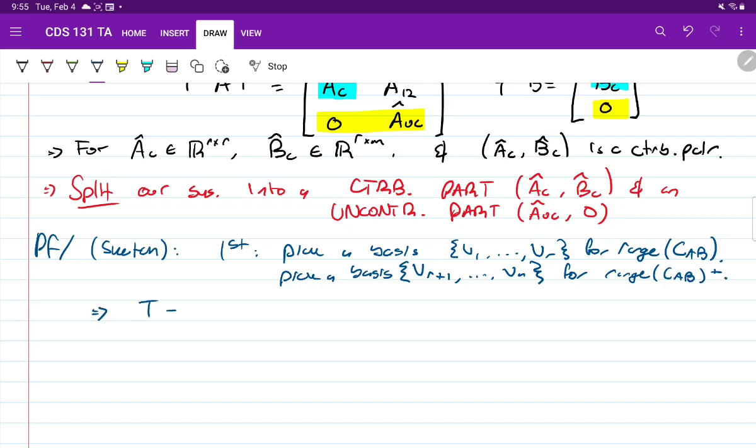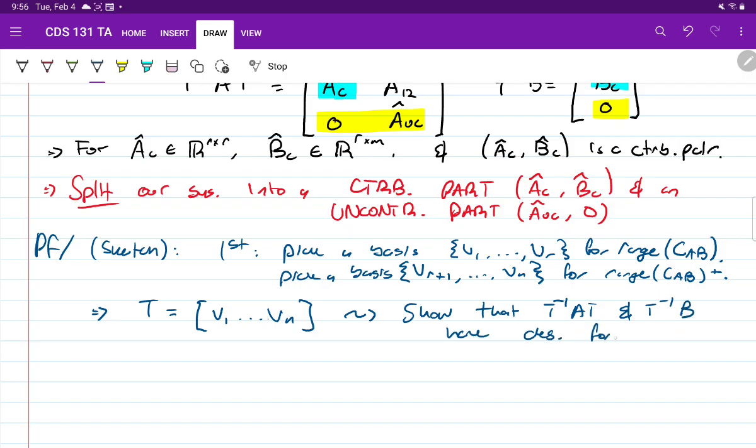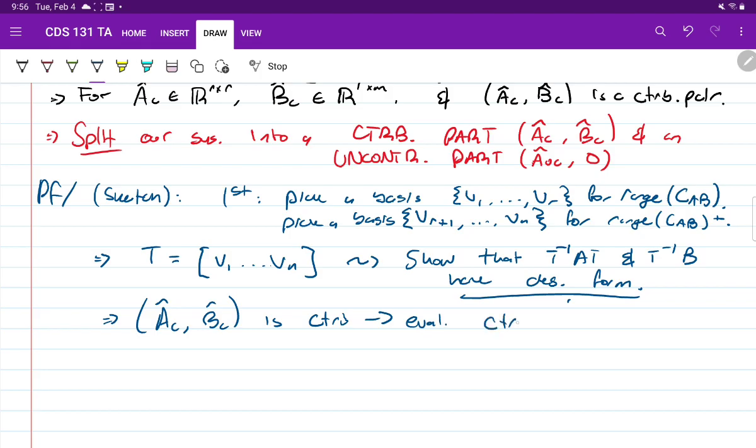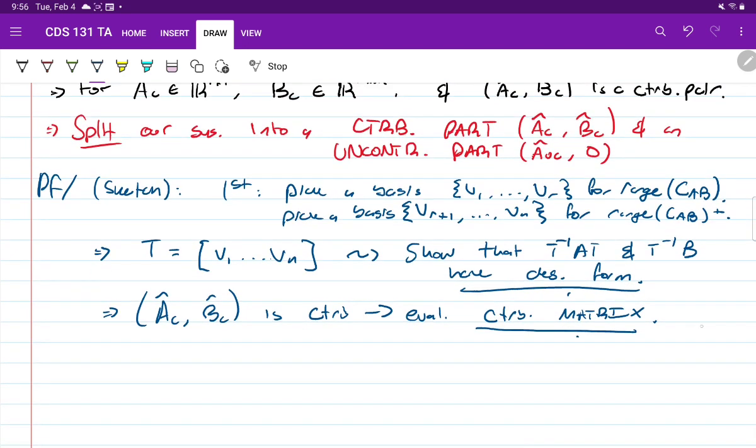Then you take your matrix T to be V1 through Vn, and you could show that T inverse AT and T inverse B have the desired form, okay? Now you could show that your controllable piece, A controllable hat, B controllable hat, is controllable by evaluating the controllability matrix, okay? And you'll find that you do, in fact, get the desired structure.